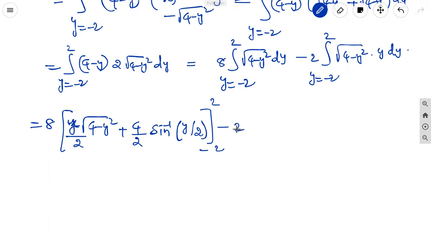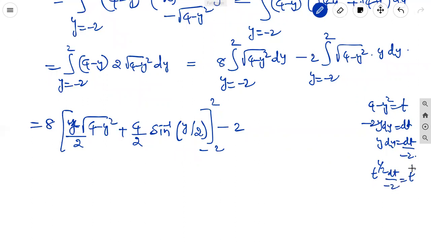Here we can take 4 minus y square equal to t. Minus 2y dy equal to dt, so y dy equal to dt by minus 2. So we can write t power 1 by 2 dt by minus 2 equal to t power 3 by 2 by 3 by 2.